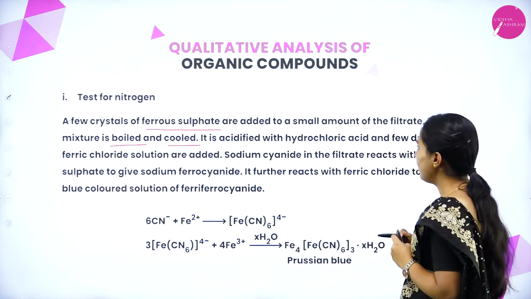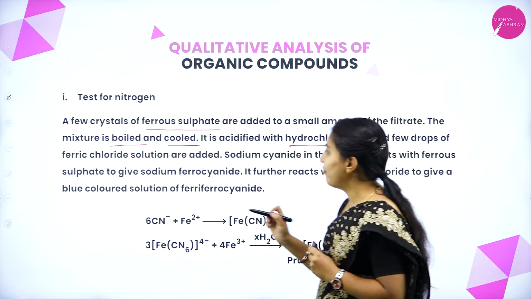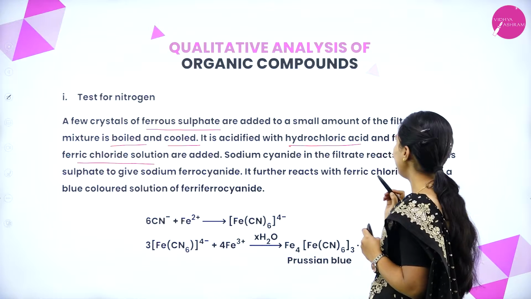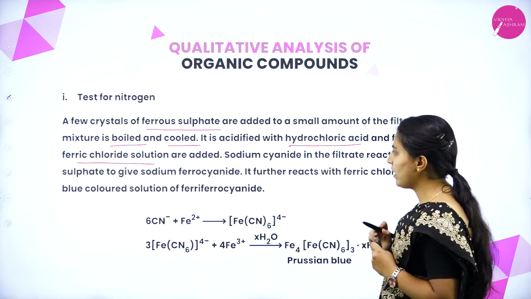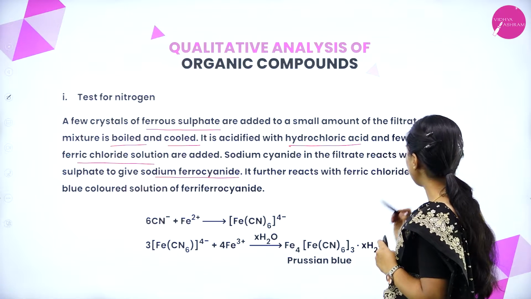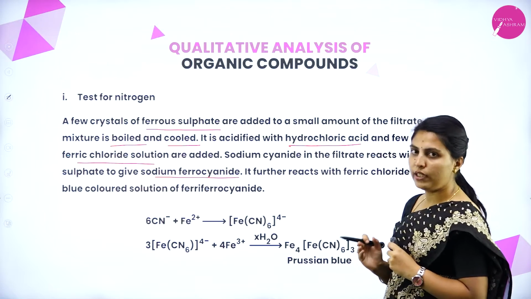It is acidified with hydrochloric acid and a few drops of ferric chloride solution are added. Sodium cyanide in the filtrate reacts with ferrous sulfate to give sodium ferrocyanide. It further reacts with ferric chloride to give a blue colored solution of ferriferrocyanide.